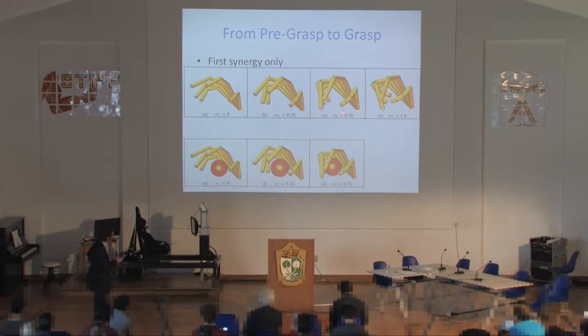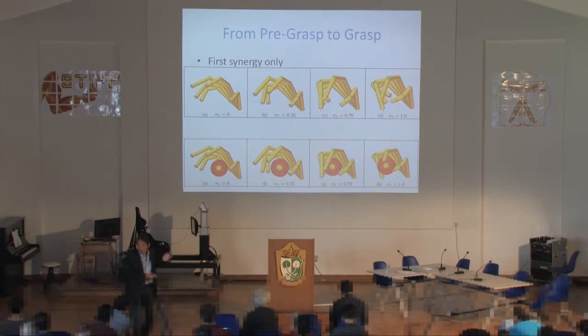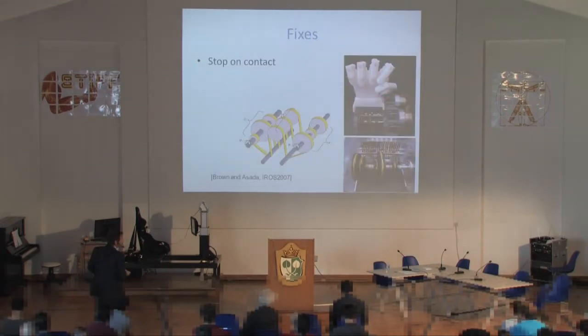So next, you close a little bit more, and something has to give inside, because the shape of the synergy does not necessarily fit any particular object. Okay? So what do you do at this point?